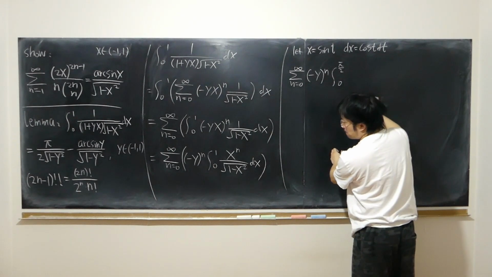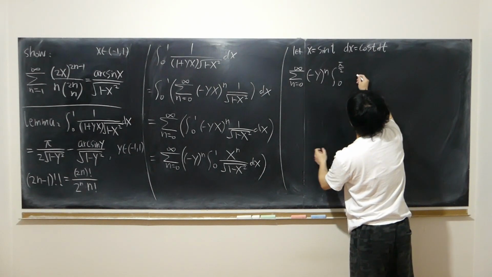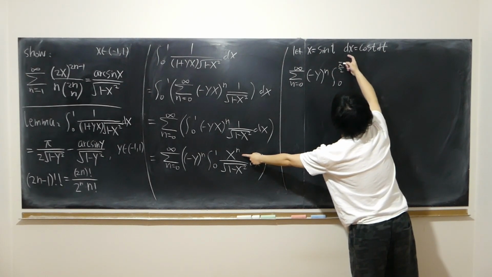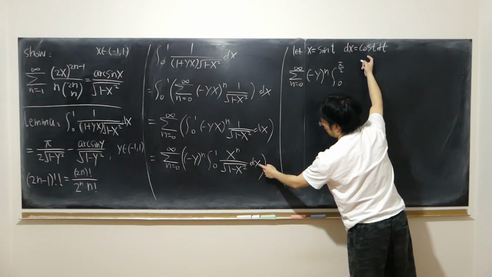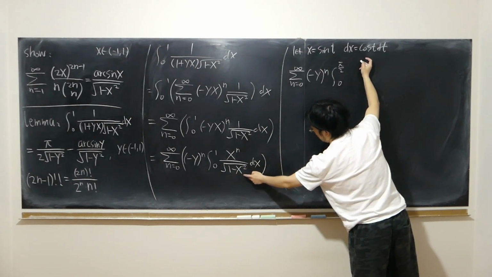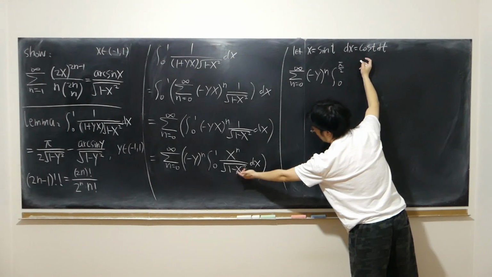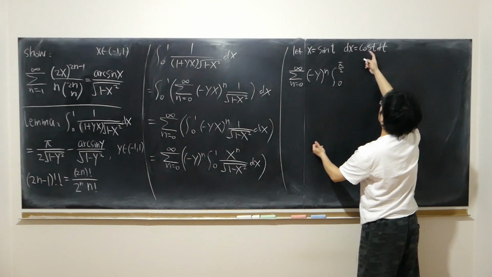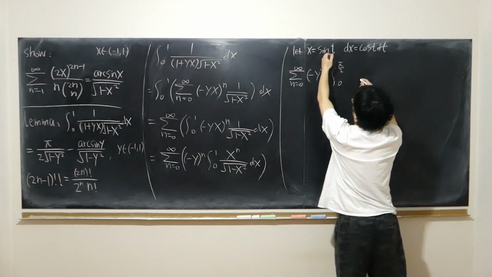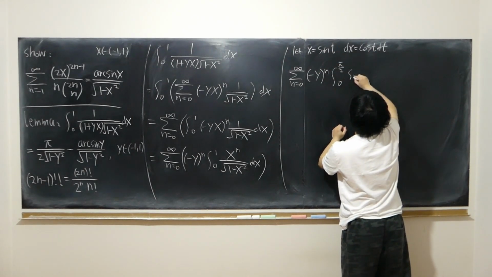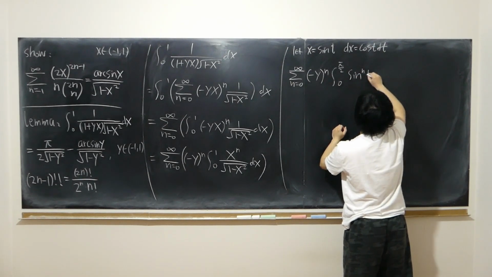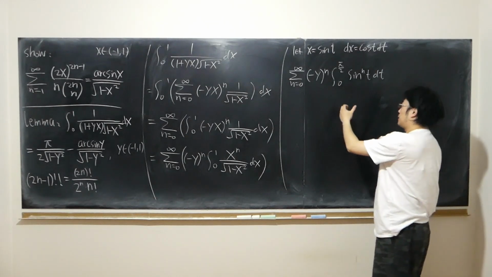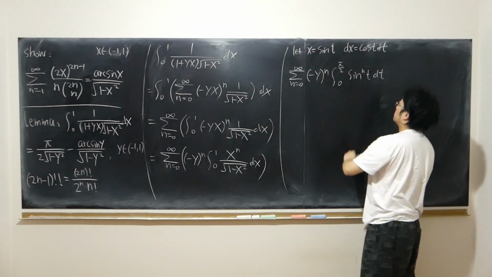This time x to the n becomes sine to the n. Dx becomes cosine t dt, but the bottom, 1 minus sine squared, becomes cosine squared, so the cosine at the bottom cancels with the cosine at the top. All we have is sine to the n of t dt. That's it.